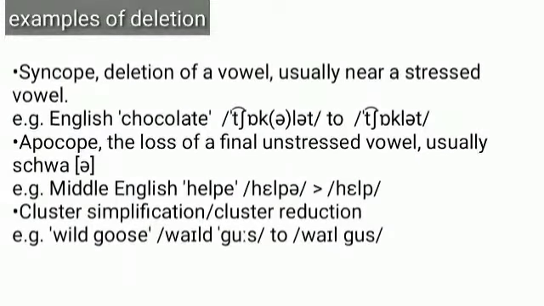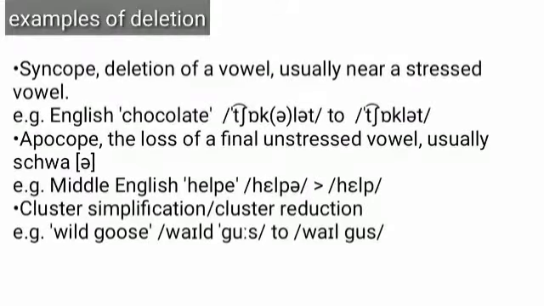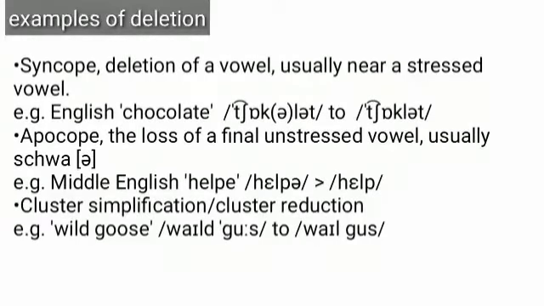First is syncope, that is the deletion of a vowel, usually near a stressed vowel. We have an example in English, chocolate, usually pronounced chocolate with schwa, then in deletion pronounced without schwa.